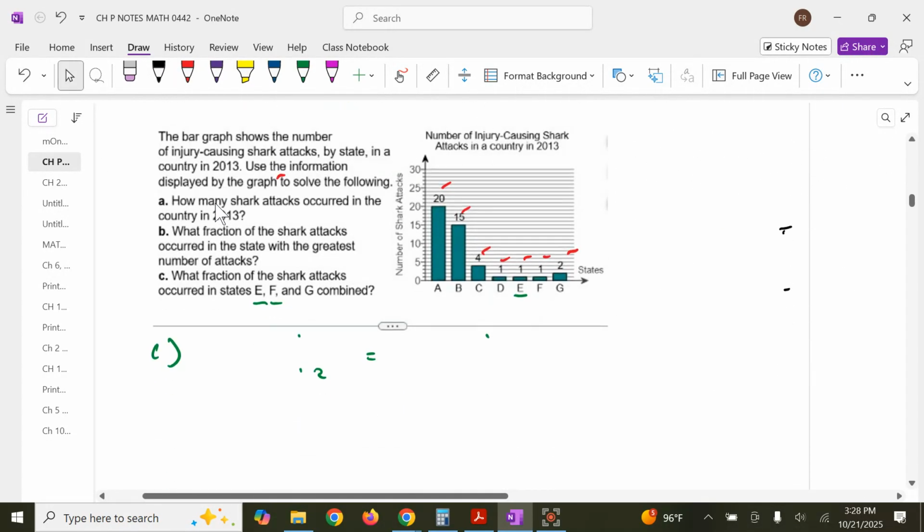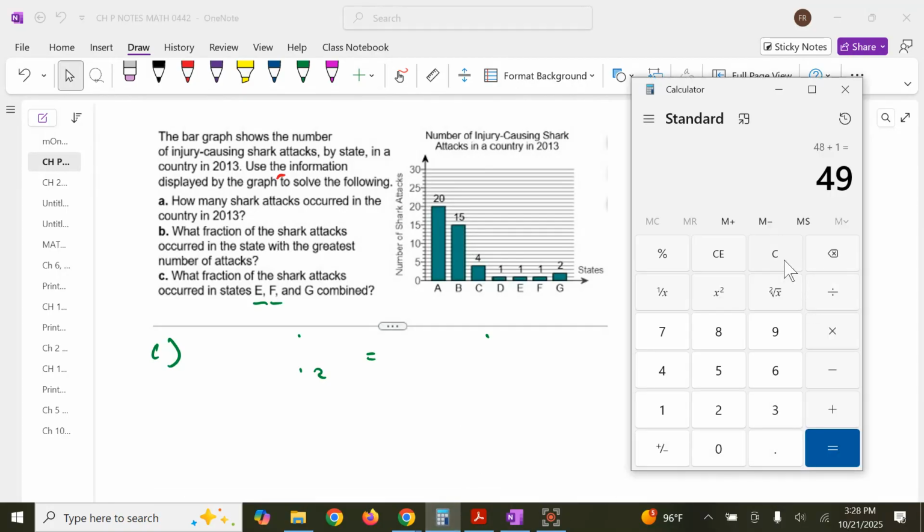And let's take a look at this next one here, y'all. It says the bar graph shows the number of injury causing shark attacks in a state in 2013. How many shark attacks occurred in 2013? So, y'all, what we got to do, we got to add them all up. So, let's take our calculator right here. Let's clear this out.